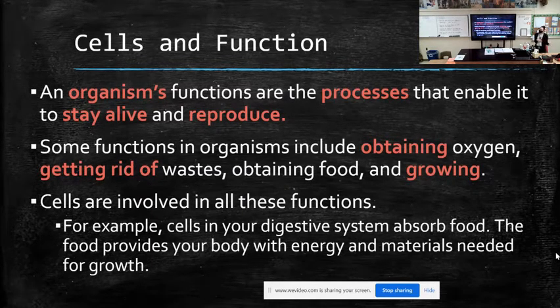Some of these functions include obtaining oxygen so that we can breathe, getting rid of waste, whether it's our body breaking that waste down or how it removes it, obtaining food, and even growing is a process to help stay alive. And then cells are involved in all of these functions. And they have specific tasks and functions that the cells control or process.